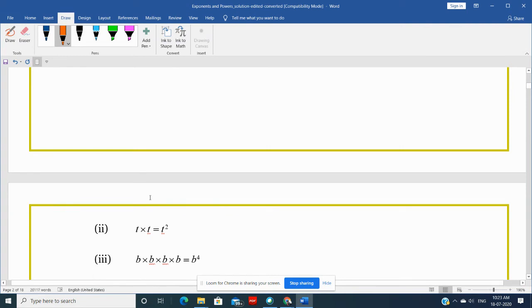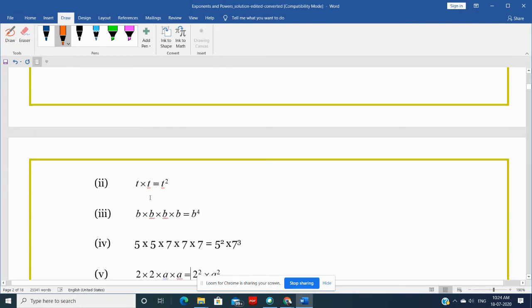I've already given you an explanation of this, that even letters can be represented as exponential form. It's not that only numbers are represented as exponential form, even letters and even combinations of letters and numbers are represented as exponential form. So that's what it is here. Third one, b 4 times.